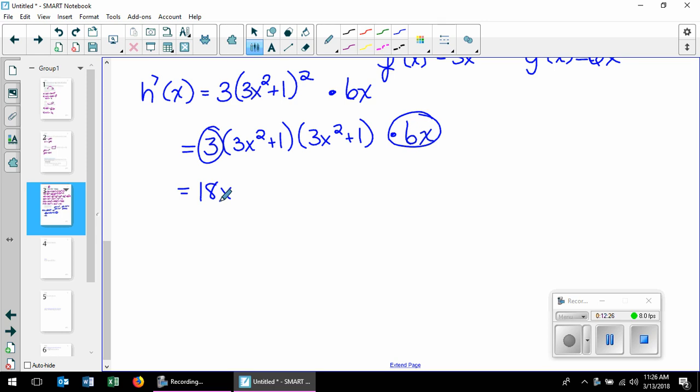So 3 times 6x is 18x. I'm just going to get that multiplying the monomials out of the way. And that's going to be times 9x to the exponent 4 plus 6x squared.